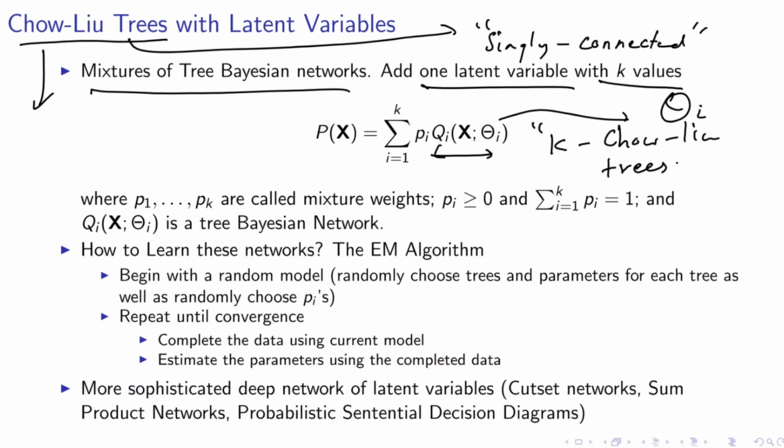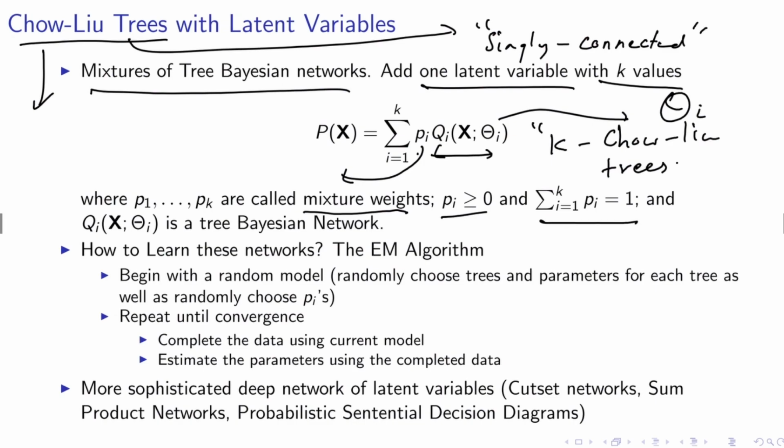And in addition to that, you have parameters which are associated with the latent variable, which are these pi's, and these pi's are called mixture weights. We will say that these pi's are nothing but the unconditional probability distribution over the latent variable. What I mean by that is that each one of these pi's will be greater than or equal to 0, and their sum will be equal to 1.